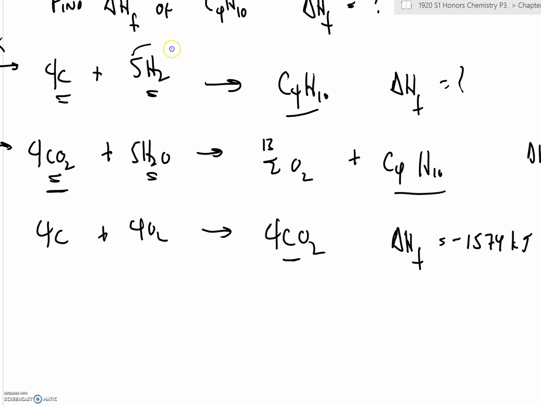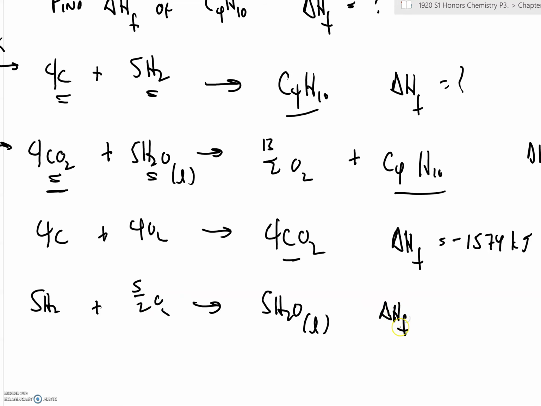Okay, let's do the same thing with our water. We want an equation that's going to put 5H2 on the reactant side, and also eliminate our 5H2O from the reactant side of one of our step equations. So we want 5H2O, and let's specify that this is a liquid so that we will know what to look for when we get to our table. So that means that if we're going to make 5H2Os, we're going to need 5 H2s and 5 Os, but you can't have 5 Os. You can, however, have 5 halves of O2.